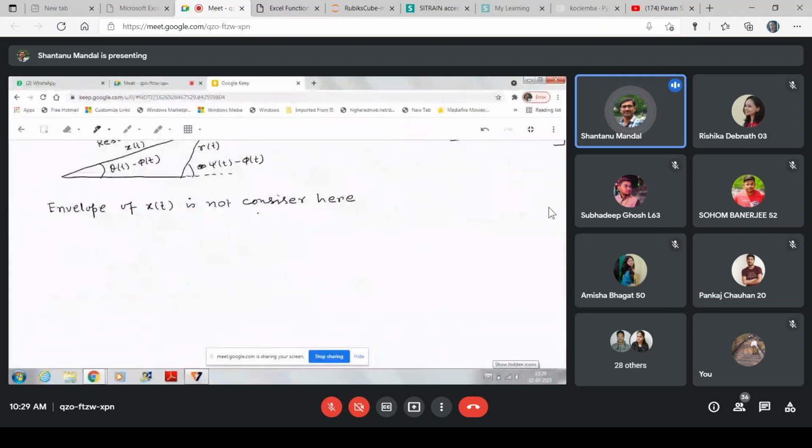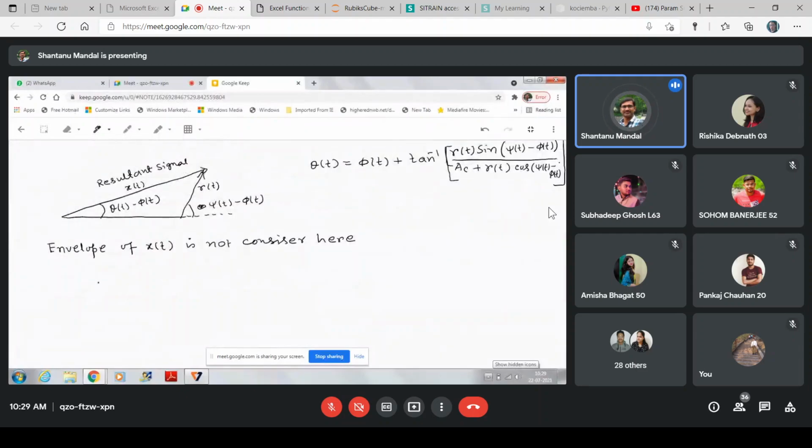That's why we have to consider theta(t). So theta(t) equals phi(t) plus tan inverse of r(t) into sine of psi(t) minus phi(t), divided by Ac plus r(t) into cos of psi(t) minus phi(t).